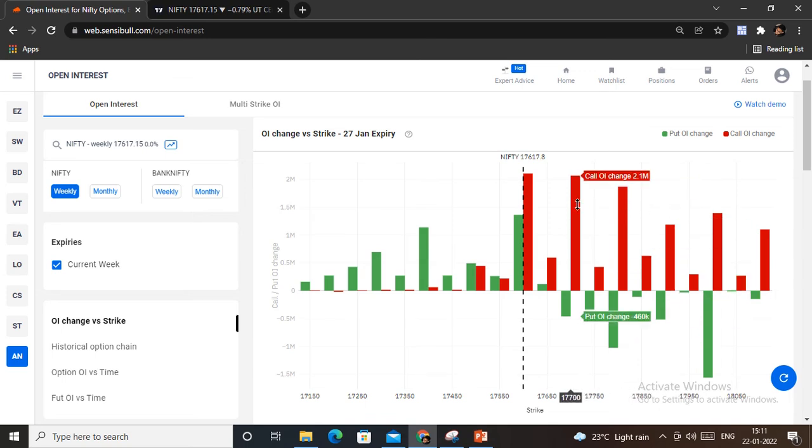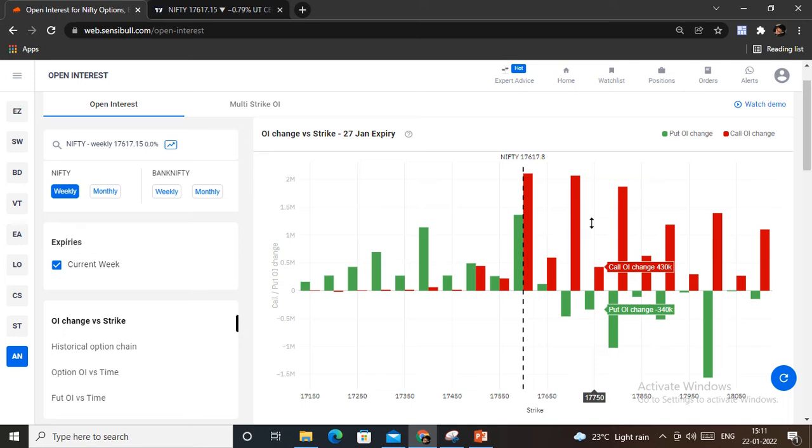The only value that they have is the time value, and the option sellers know very well that the time value will get diminished by the expiry. Even if the market recovers from the 17,600 level, it will face some resistance here, again it will face some resistance here, and by the time it will be facing the resistance, there will be a time decay, there will be a decay in the value of the options.